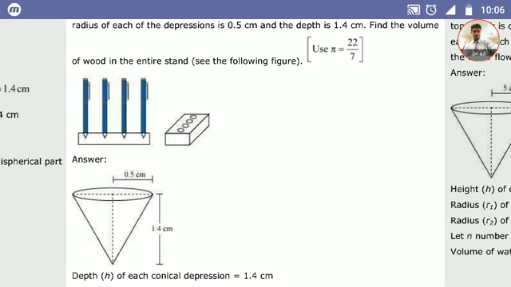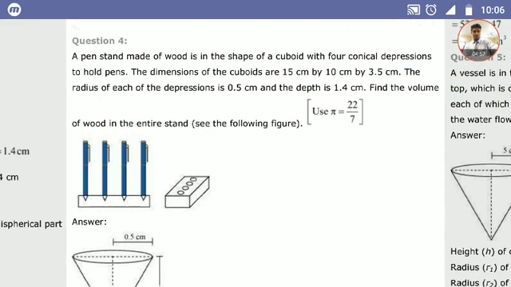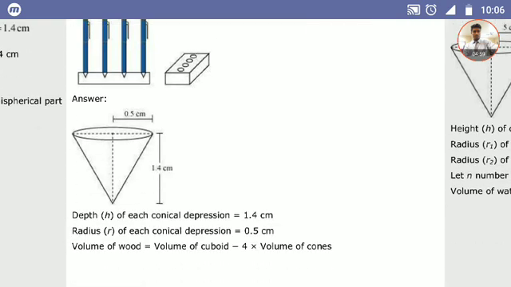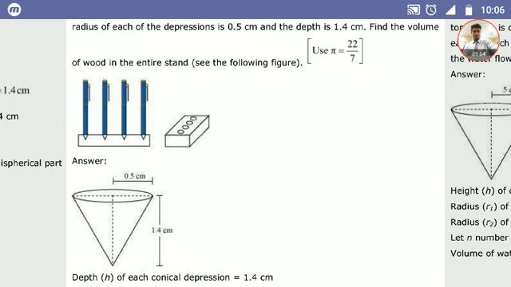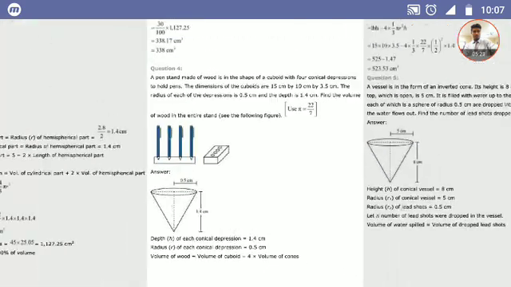So the height of the cone is 1.4 and the radius is 0.5. That way you can calculate, and you have to see that there are 4 depressions. The volume of the wood required will be the full volume of the cuboid, length into breadth into height, minus 4 into the volume of these cones. The volume of a cone is 1 by 3 pi r square h. r is 0.5, h is 1.4. So that's it for this one.